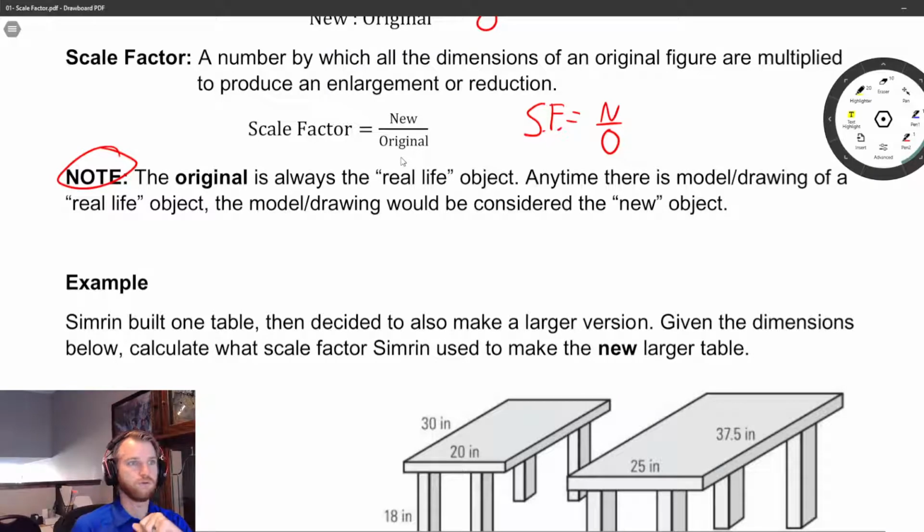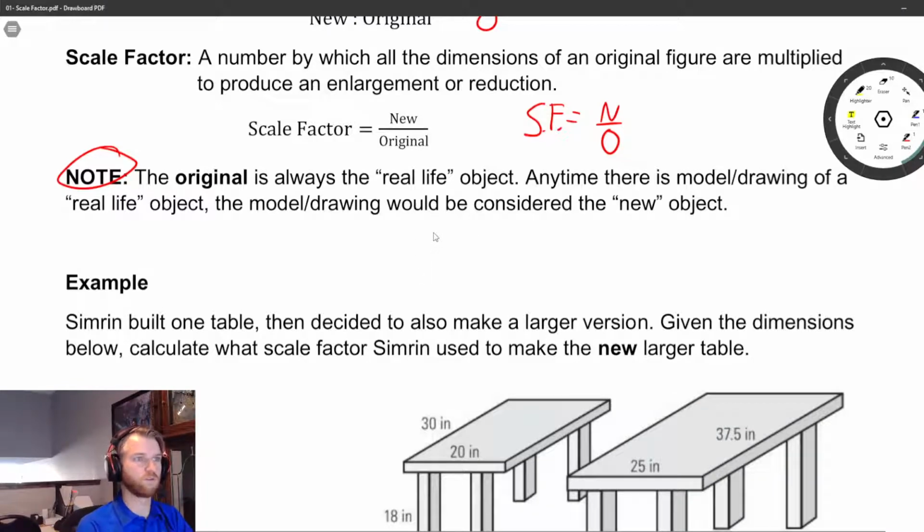Even if you were given the blueprint first and said, now go build this building, we are still going to call the blueprint the new object, and the building the original. This keeps everything consistent, but in that kind of scenario, you just need to be aware that original is going to be the real life.